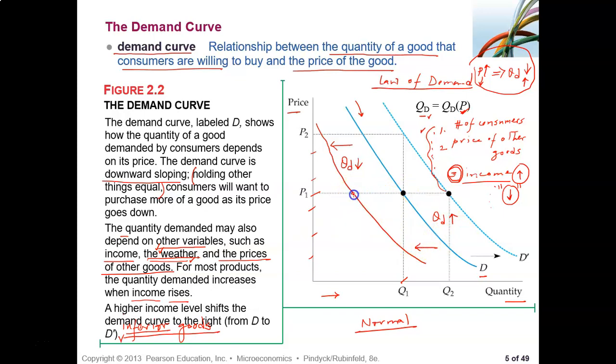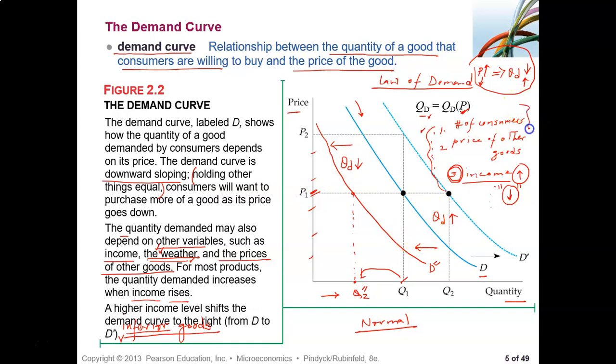And you can see that in that case, this is the demand curve D double prime, and then this is Q2 double prime. So demand has decreased. Price doesn't change, but demand has decreased because of lower income.